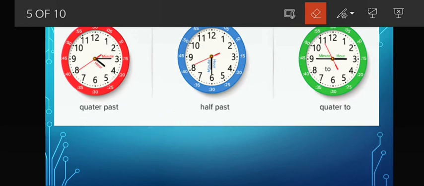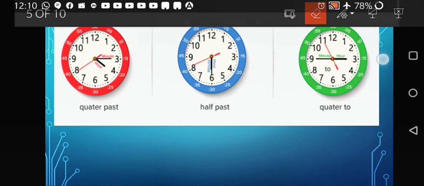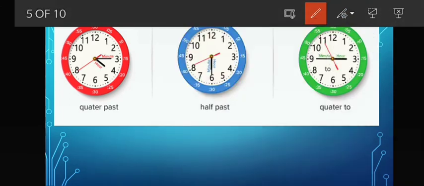Quarter. So you can write 15 minutes past 4. Then half past, both the hands are together.